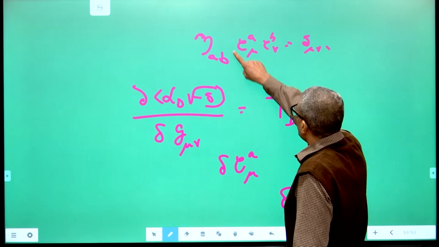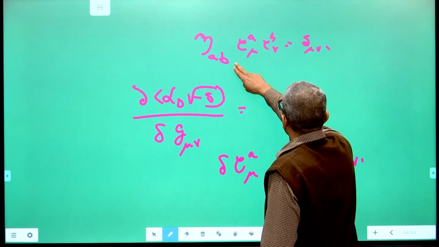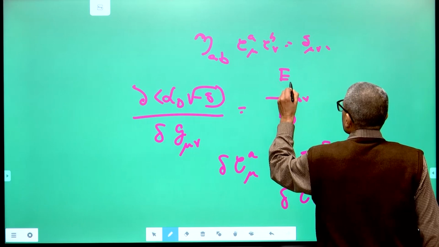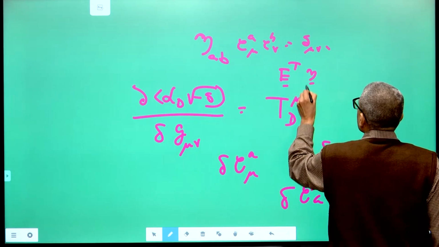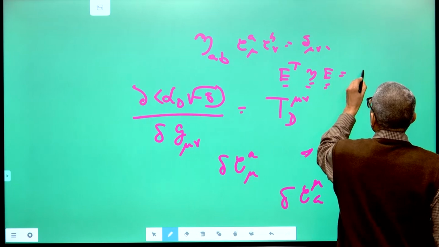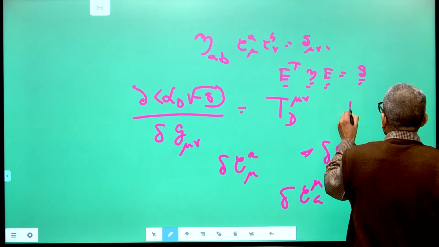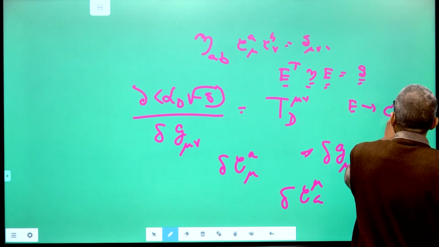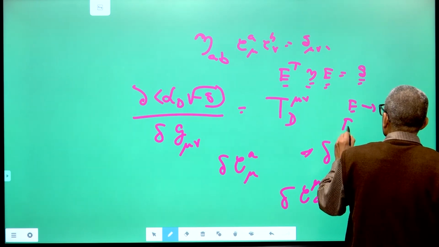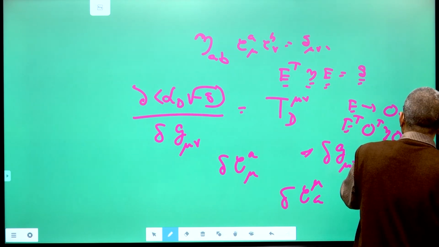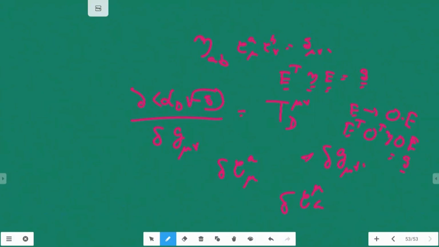So you can multiply E A mu by an orthogonal matrix and still get the same factorization, because this amounts to saying in matrix language that you are choosing a matrix E such that E transpose eta E is equal to G. So if you replace E by OE, where O is an orthogonal matrix, then this equation will become E transpose O transpose eta OE equal to G, and you can always choose an orthogonal matrix O such that O transpose eta O is simply eta itself, where eta is the Minkowski metric.